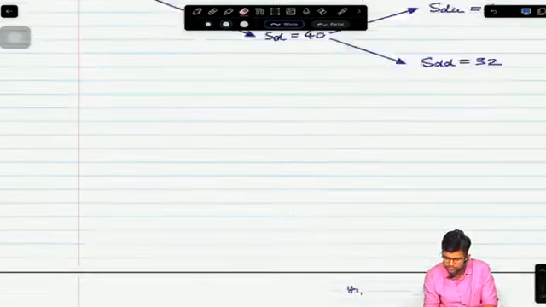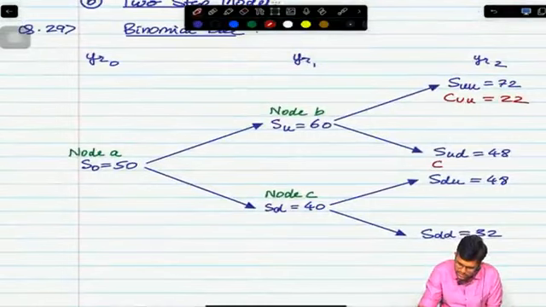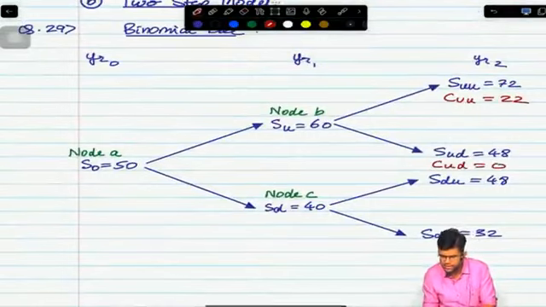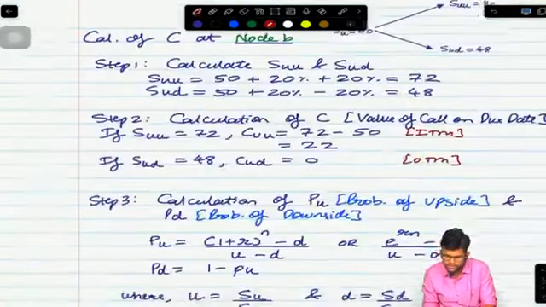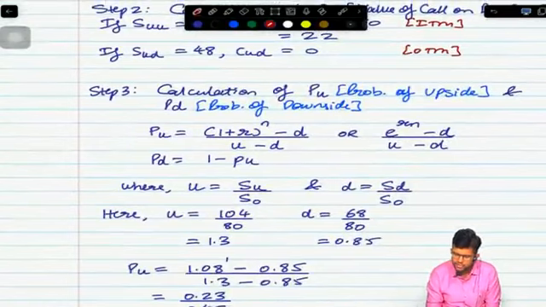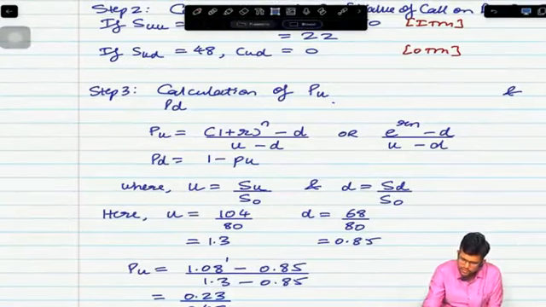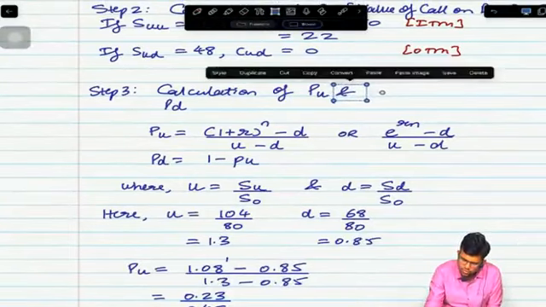It becomes 0. So I'll write here, CUD is 0. Everybody clear till here? CUD is 0. Next, step 3, calculation of PU and PD. So now you need not write all this. Calculation of PU and PD. Correct, everybody? Alright, tell me how to do PU and PD.